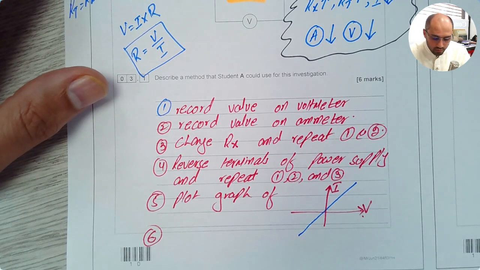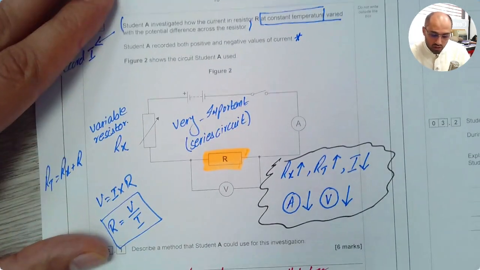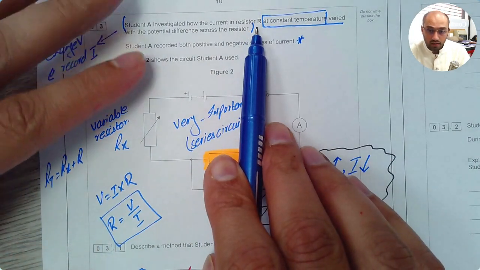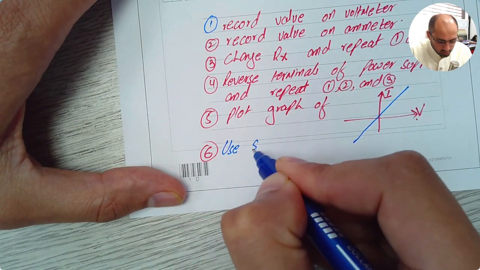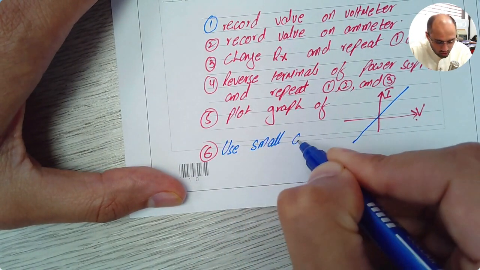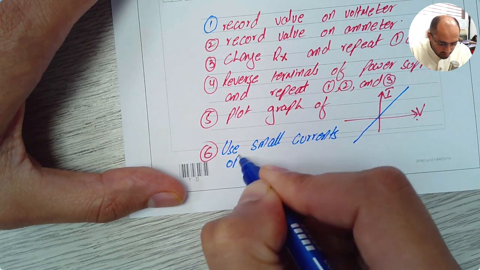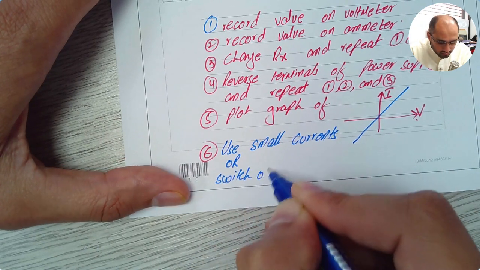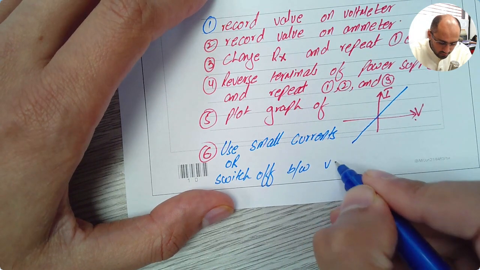To get the 6th mark, I now need to mention the precaution that will allow me to keep the temperature constant in R. So for that, I can say use small currents, or I can say switch off between values.